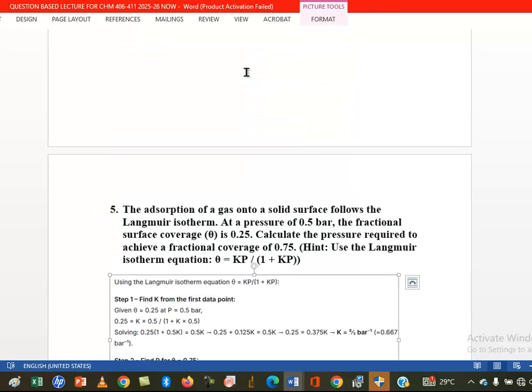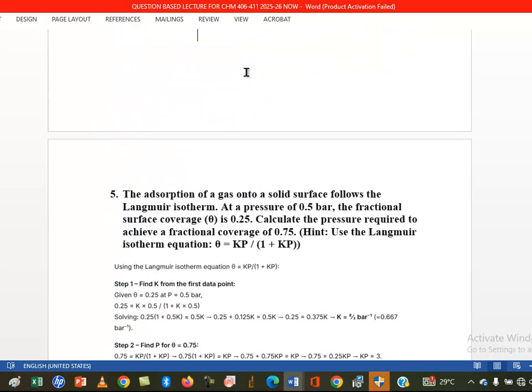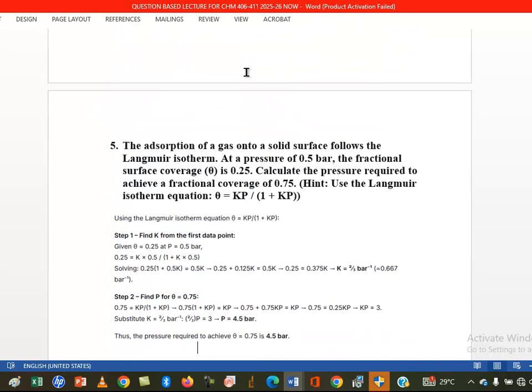Next question is very similar to what you have just done. Adsorption of a gas onto a solid surface follows the Langmuir isotherm. At a pressure of 0.5 bar, the fractional surface coverage is 0.25.